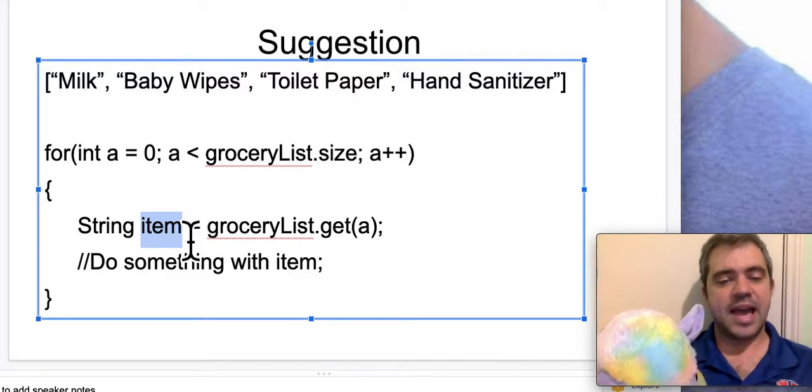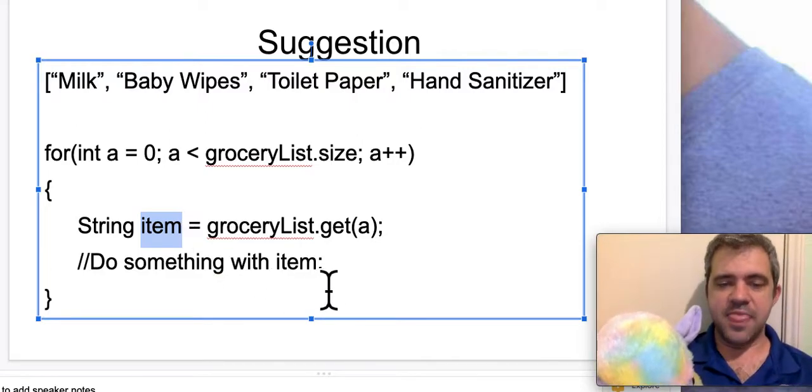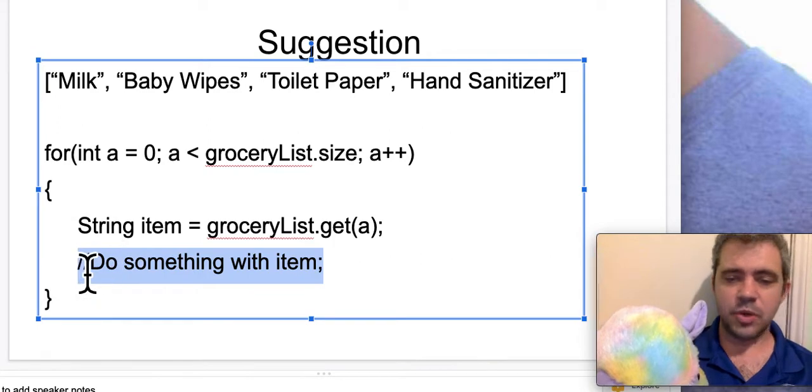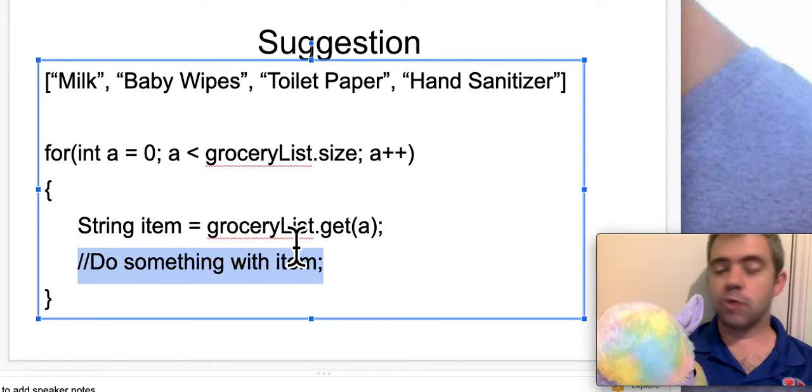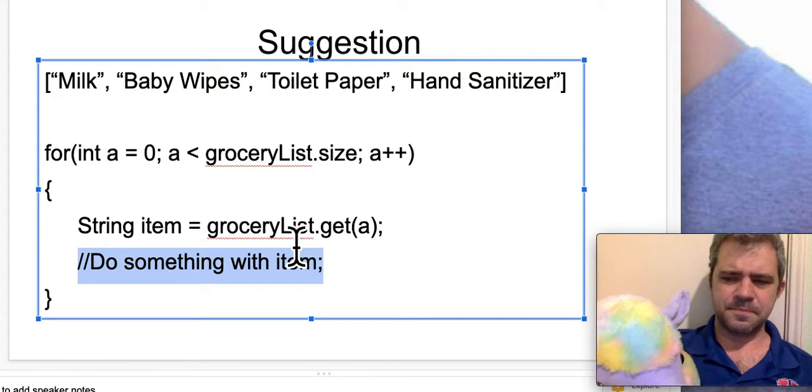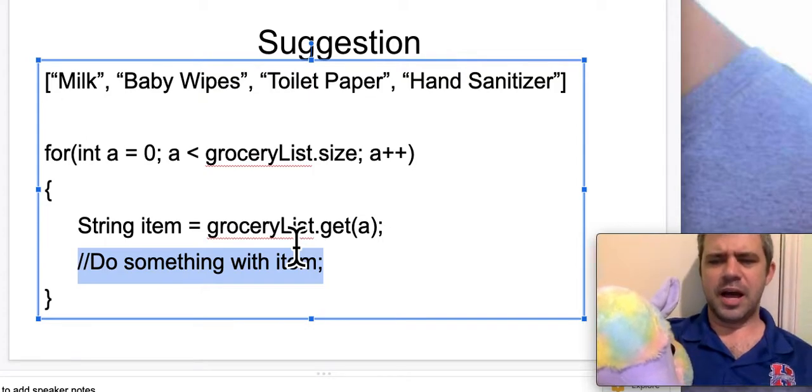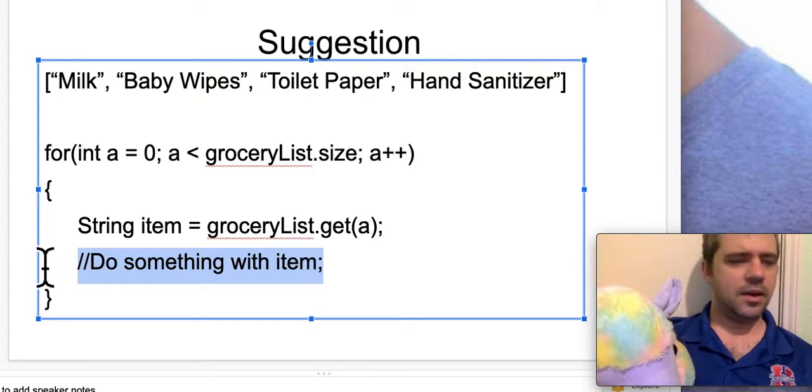I get it and I save it somewhere. And then the rest of the time in my loop, all I have to do is mess with item rather than grocery list.getA, which can be a little tedious and, especially when you're handwriting that, can be really annoying.